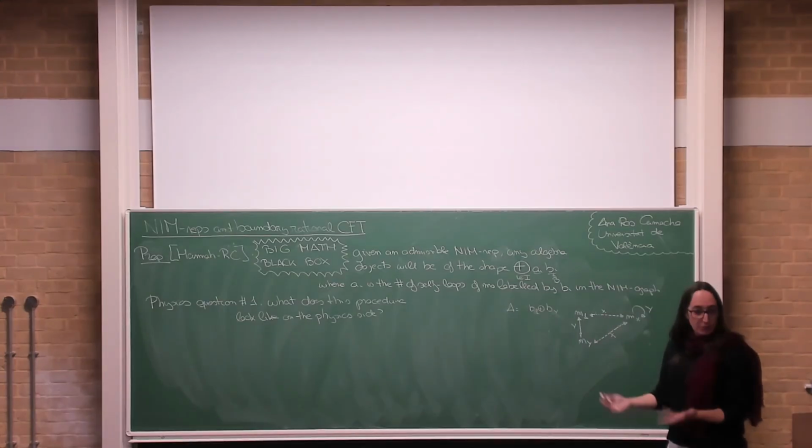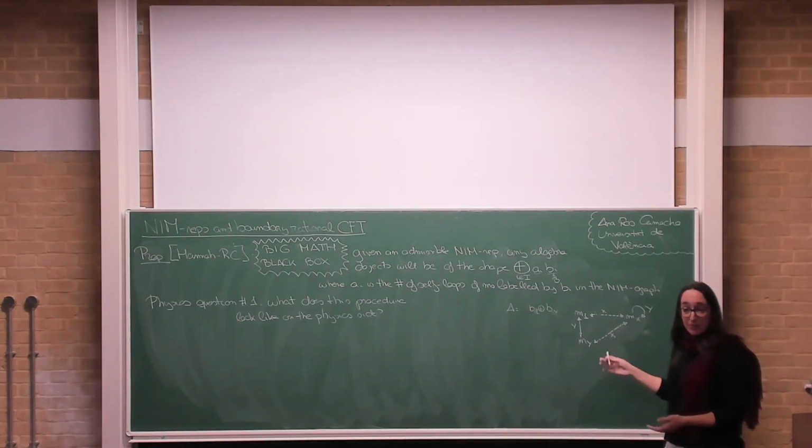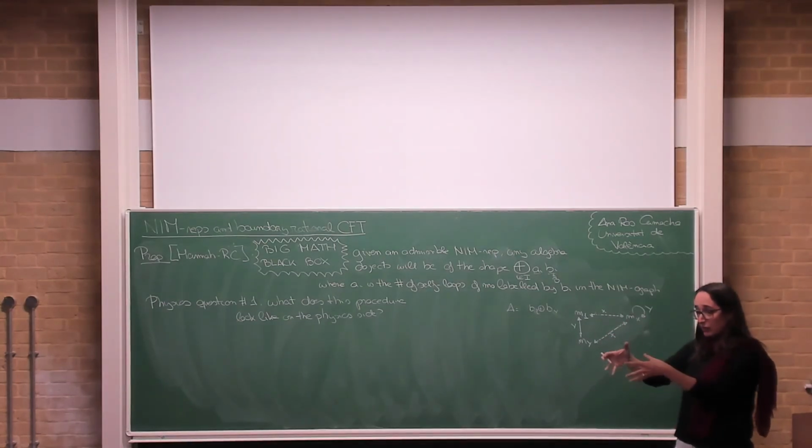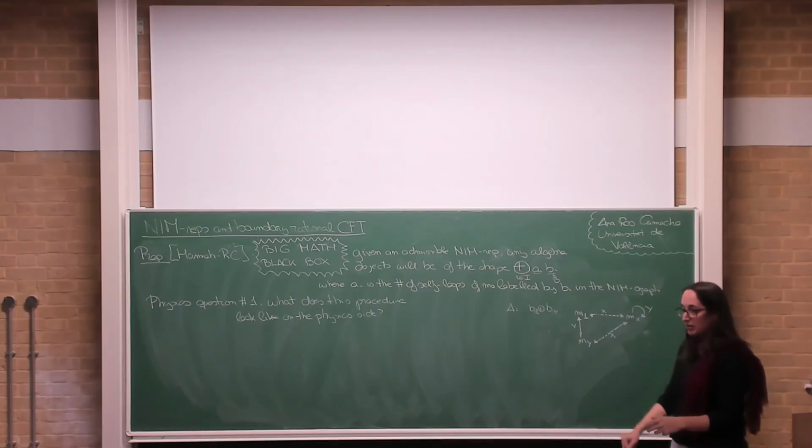But one question I'm wondering is what are we doing on the physics side? Because what we are doing is take the fusion ring, compute the NIM-rep, and then extract the algebras in there. So what's going on in here? Is there a physics way of detecting these algebras in here? Go ahead.